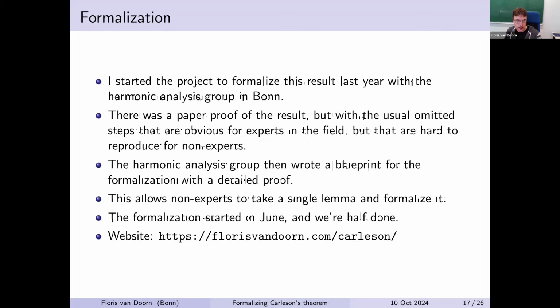So we had a false start trying to formalize that paper, because I had to ask questions all the time: what is the step here? What does this mean? So the harmonic analysis group decided to write a very detailed blueprint for the formalization, which contains a much more detailed proof, very precise definitions, and many of these techniques written out carefully.